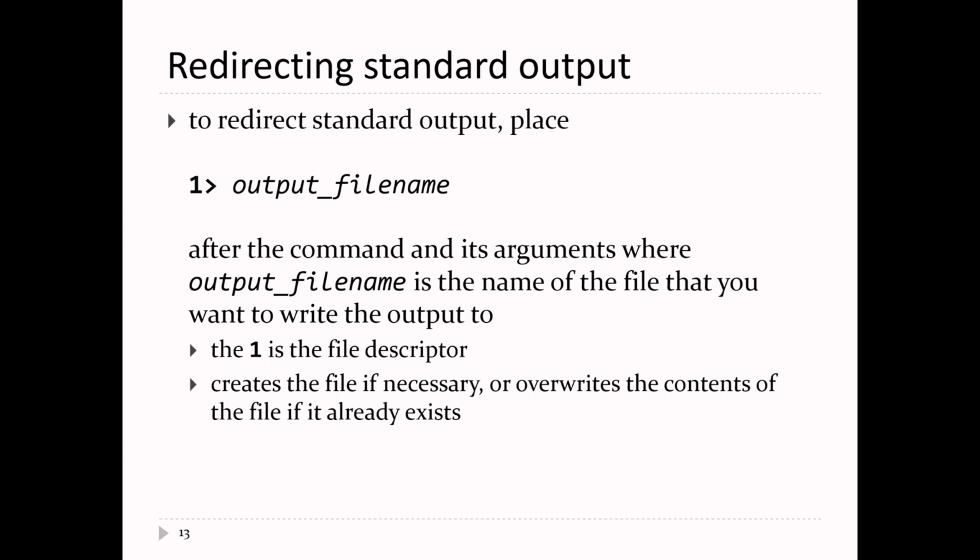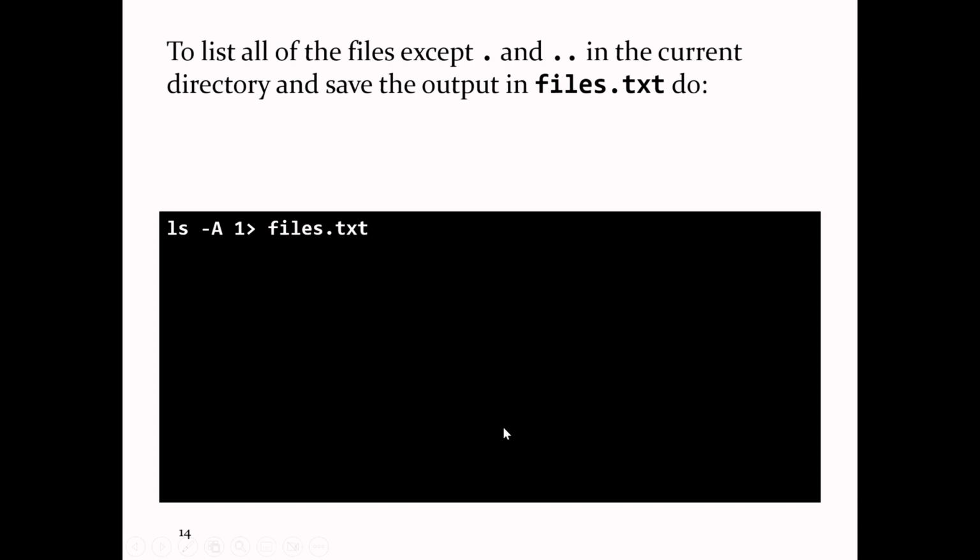So for example, let's do an example. The 1 is the file descriptor. Remember, 1 is standard output. So here, I'm going to list all the files in the current directory, and then I'm going to send that output to the file called files.txt.